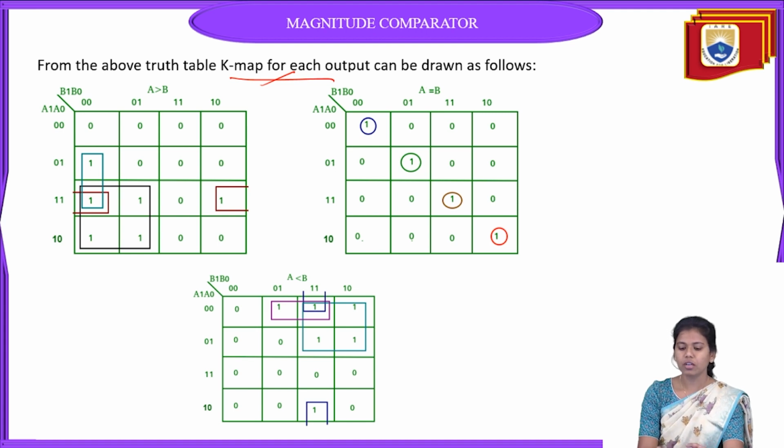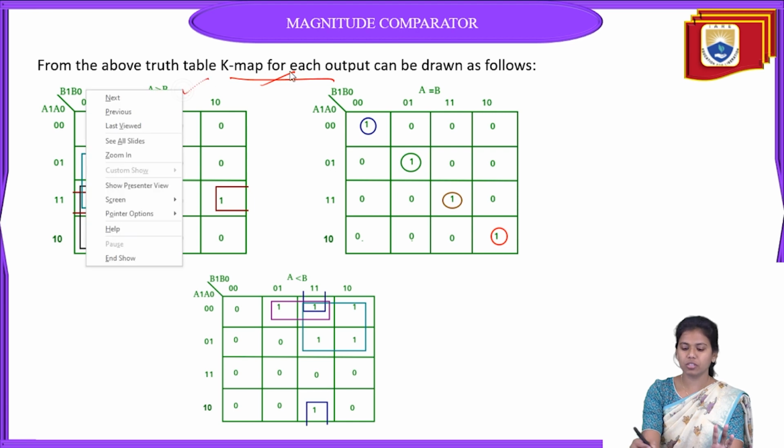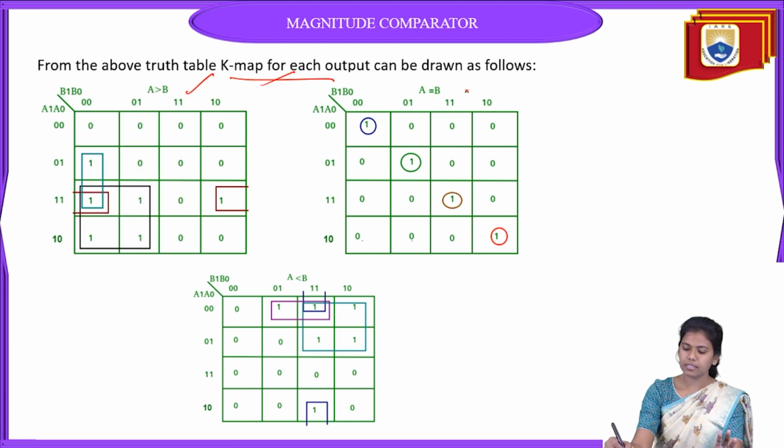So coming to the K-map here, again considering the three conditions: A greater than B, A equals to B, and A less than B. Here we have to write the combinations for 4 inputs: A1 A0 and B1 B0, with the combinations 00, 01, 11, and 10. Regarding Karnaugh maps, you have already studied them in digital logic design.